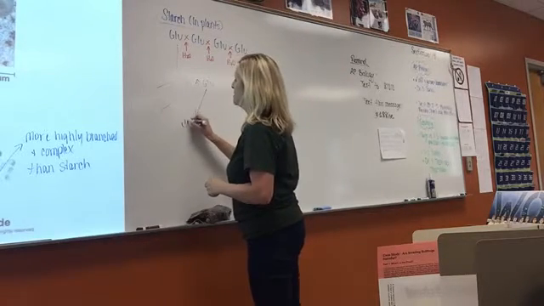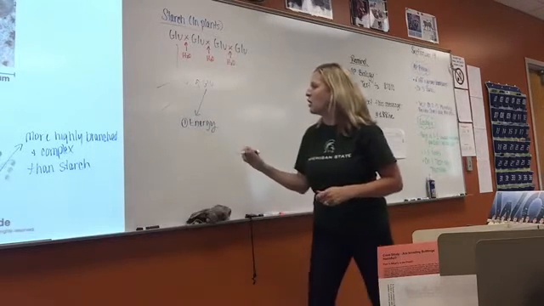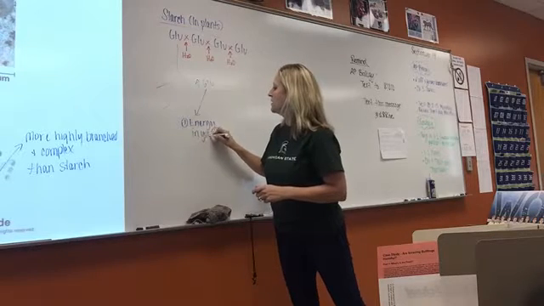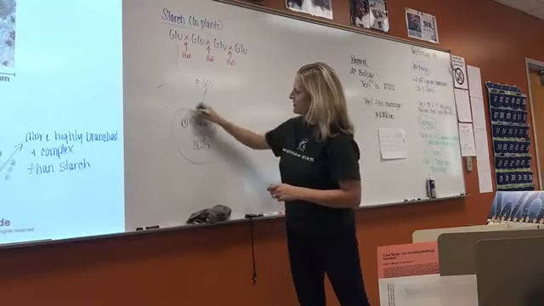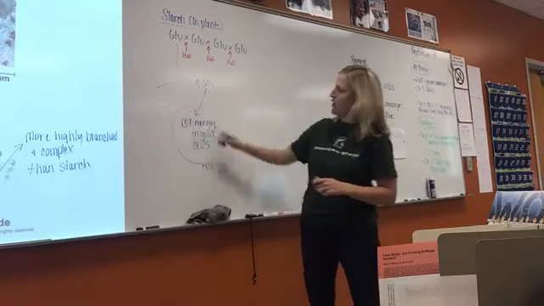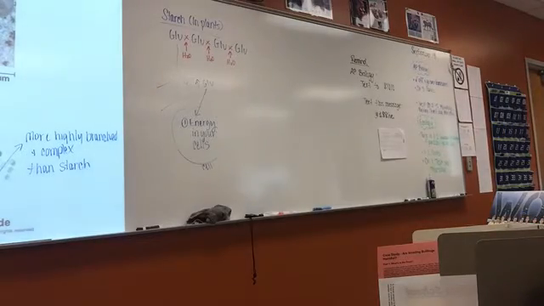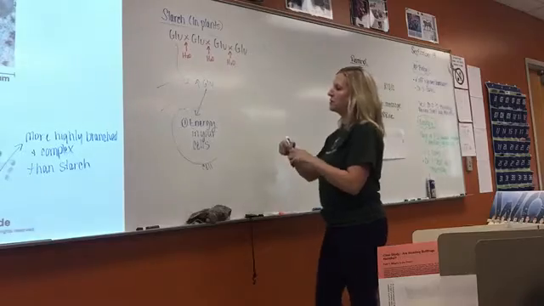That glucose can be used for energy right away. So it can go in your cells. Let's say here's a cell right here. So it can enter the cells of your body and be used right away for energy. That's one thing that your glucose can be used for.